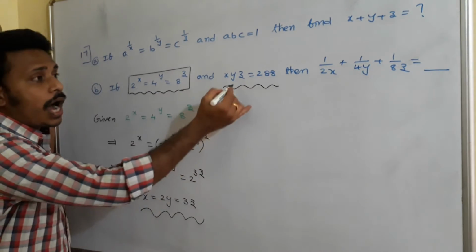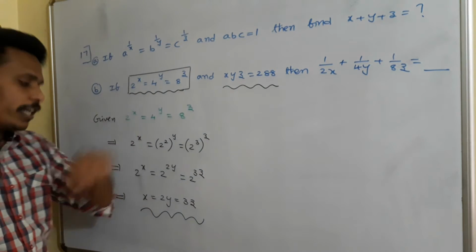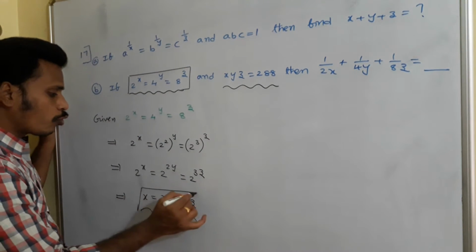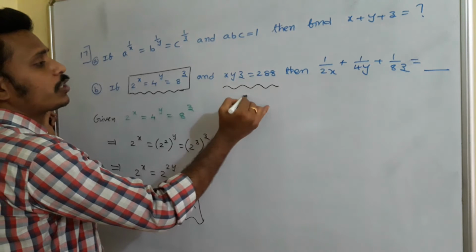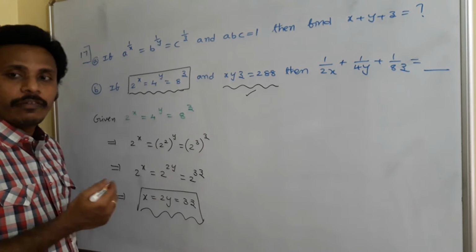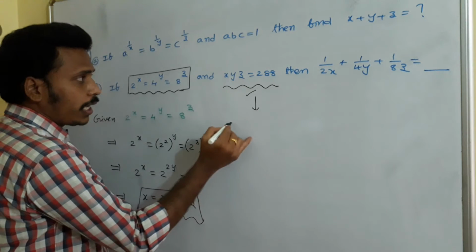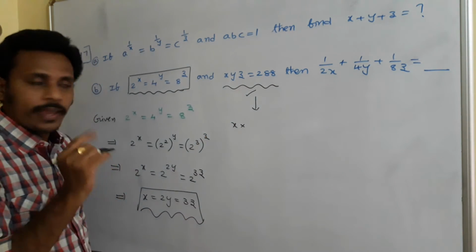Right. Our target is to find this value, and for that I need the x value, y value, z value. I have x is equal to 2y is equal to 3z, and x into y into z is 288. Use that logic and then try to simplify. Right. From this, x into y.